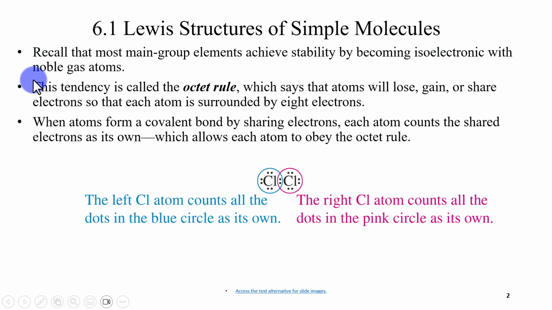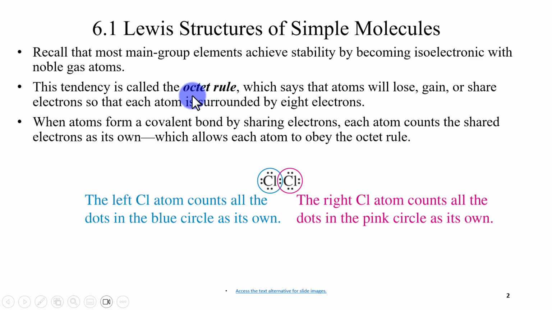When they reach the noble gas configuration, they typically have a full electronic shell. And for all intents and purposes for this class, we will assume that they try to get 8 electrons around them, which is also known as the octet rule.